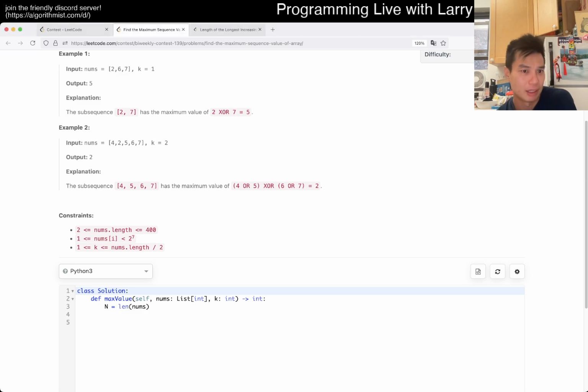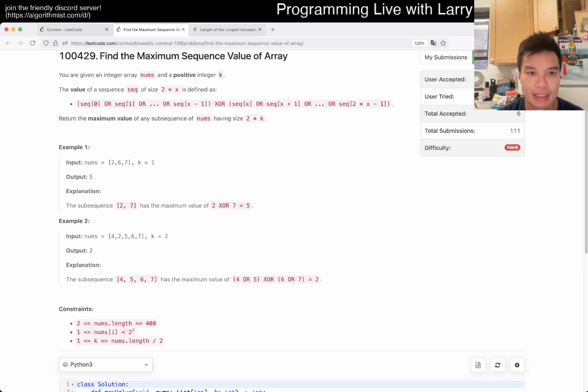It's a knapsack. Oh, k is exact, that's right. Okay, it's not variable k, that's right.